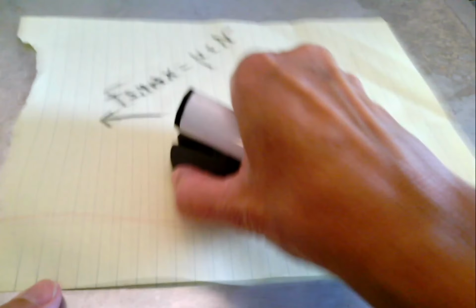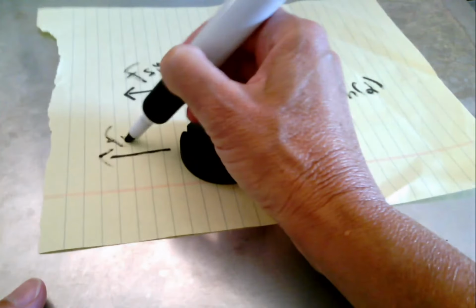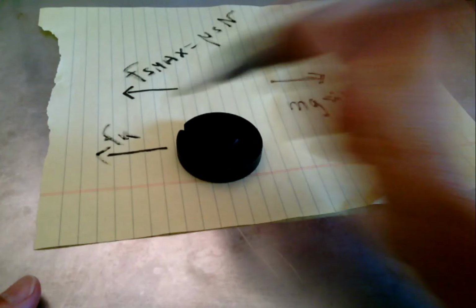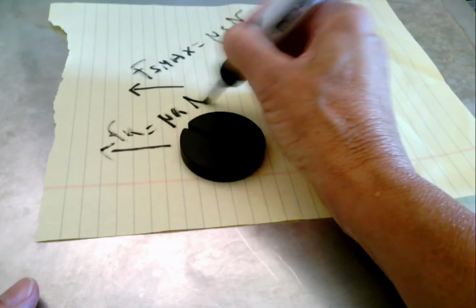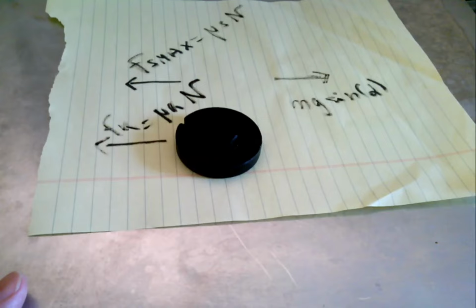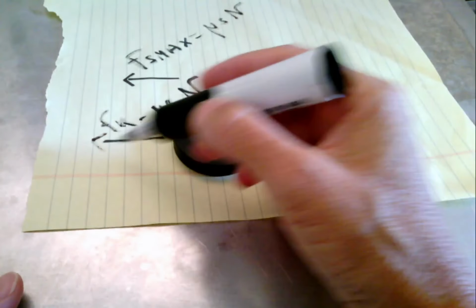Once it starts to slide, then we have kinetic friction. Kinetic friction will not change, right? So kinetic friction equals mu k times the normal force, and then it does not change.